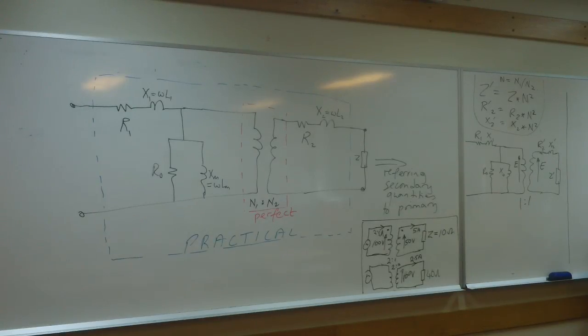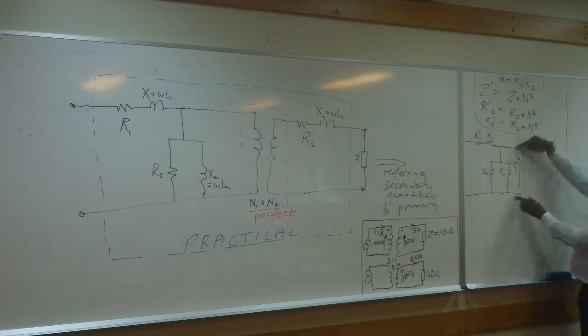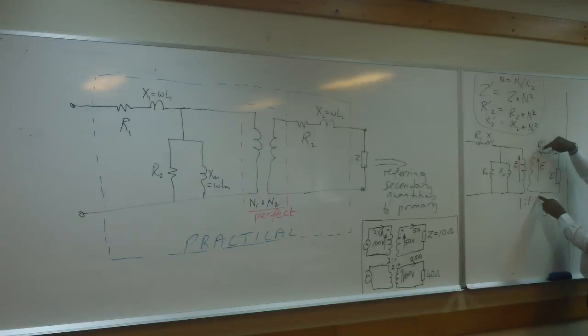The dot notation is important, but I think we won't worry about the dot notation for now. It's just that those two voltages, when you measure them, not only is the magnitude of this voltage the same as the magnitude of that voltage, but they will also be in phase, because this is AC, so we have to talk about phase as well.